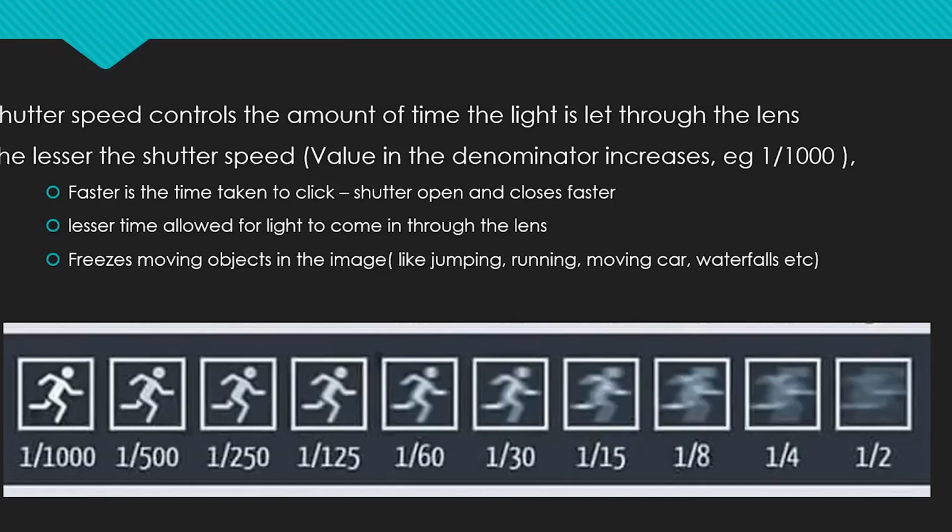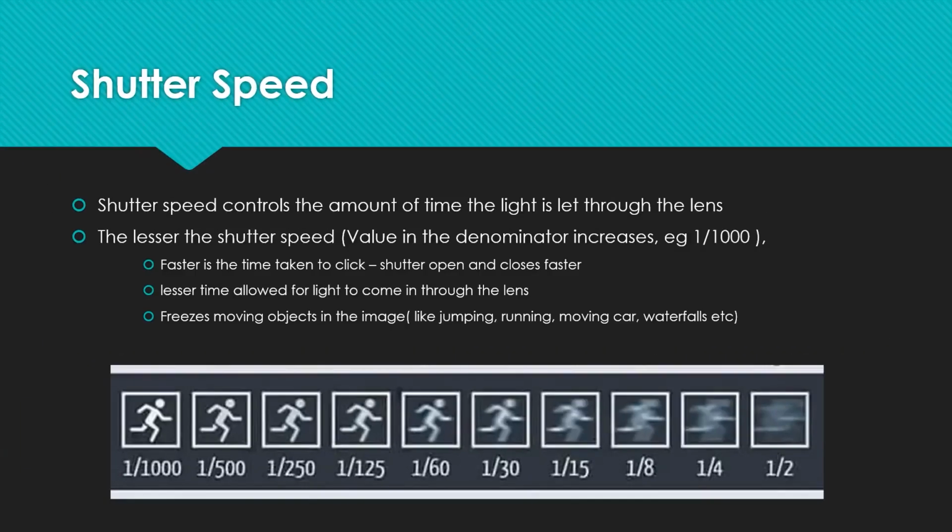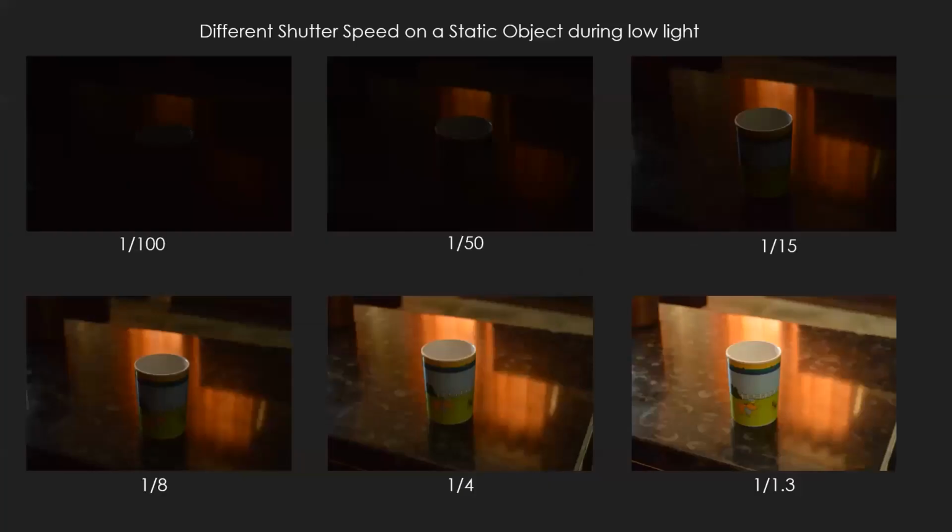Now, how does it affect cake photography? When we keep the subject in a static place, and if it is a darker place, here is an example of how the shutter speed affects a static image. This picture was taken around 5:30 to 6 p.m. in the evening, when there is not too much light coming in.